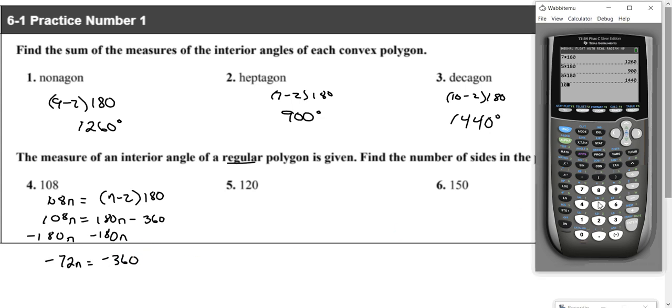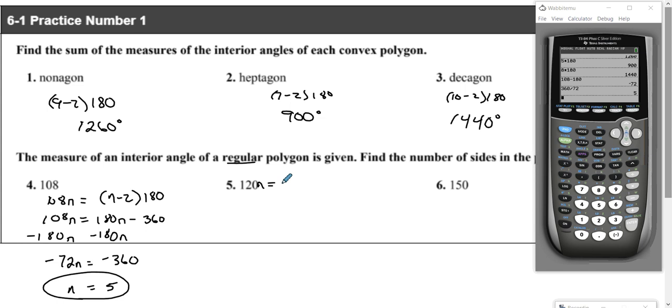Let's see, 108 minus 180. Yep. And then 360 divided by 72 is 5. So negative 360 divided by negative 72 would be 5. That means there are 5 sides.